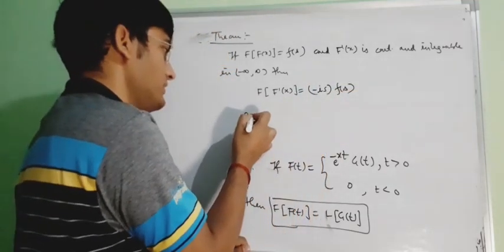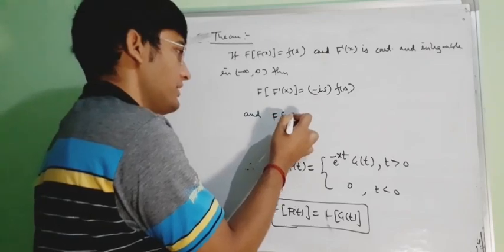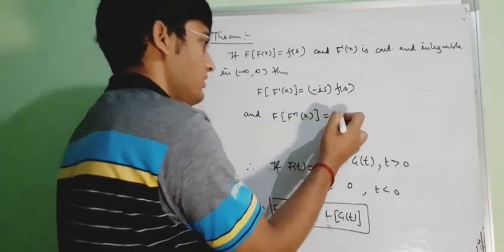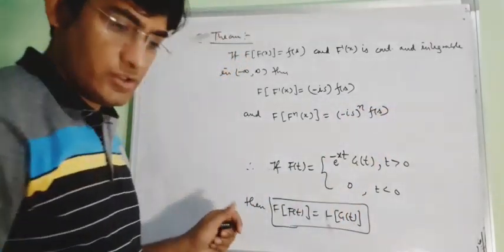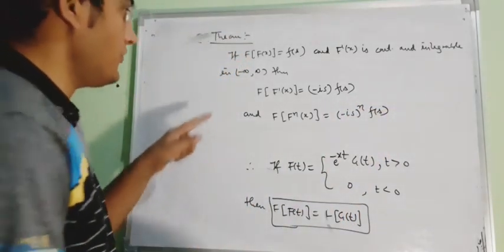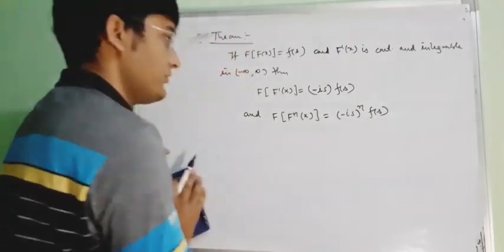And if we generalize it, it is equal to (minus is) power n into F(s). So this is the Fourier transformation of the nth derivative of the function f(x).